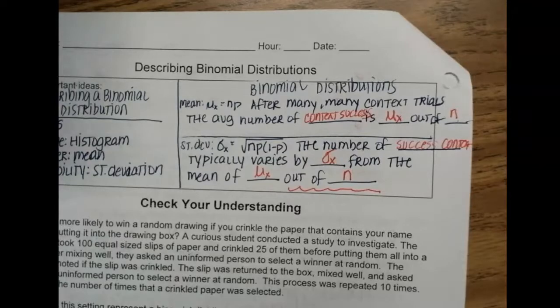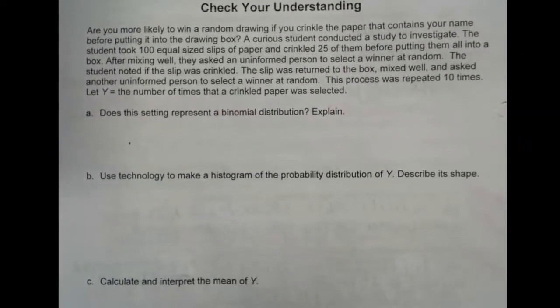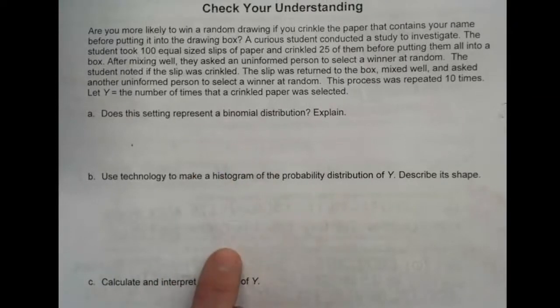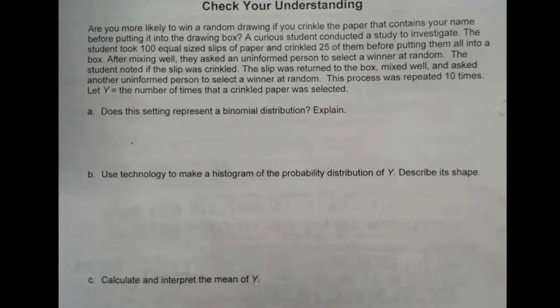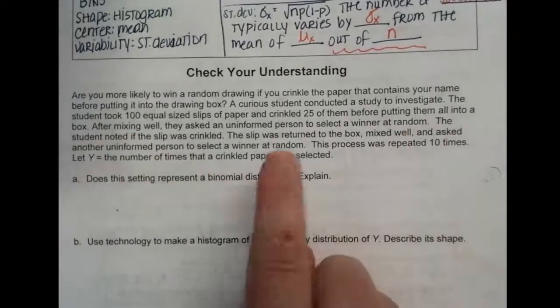All right, for the check your understanding, I want you to try this on your own. Check your bins here. Use technology to make a histogram. There's a couple ways to do this. There's an easier way and there's a harder way, and I personally prefer the harder way. This says we're going to pull 10 slips out.